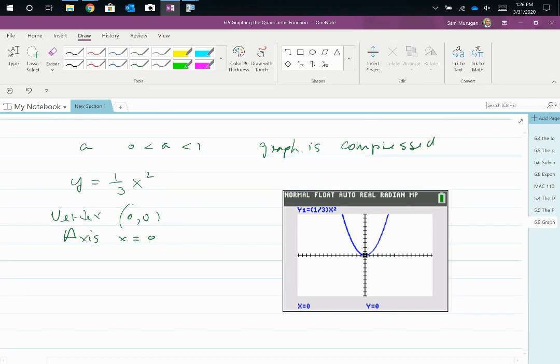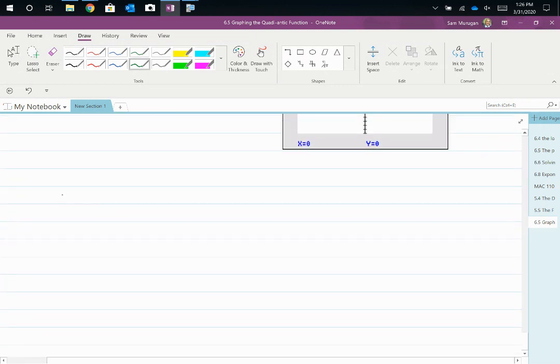The last thing we want to speak about is the effect of reflecting the graph on the x-axis. And this is putting a negative sign in front of the graph.